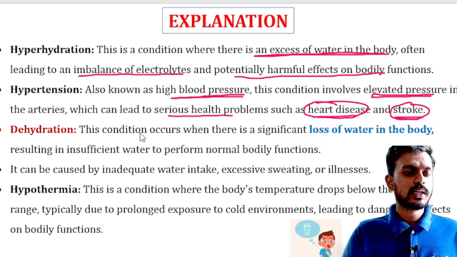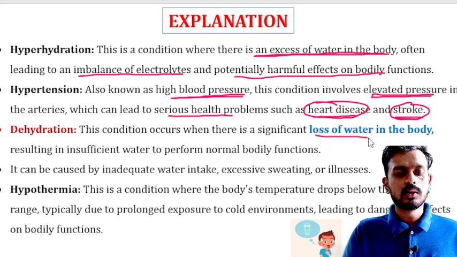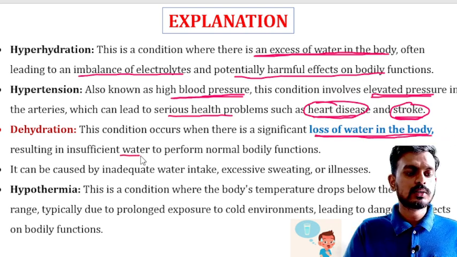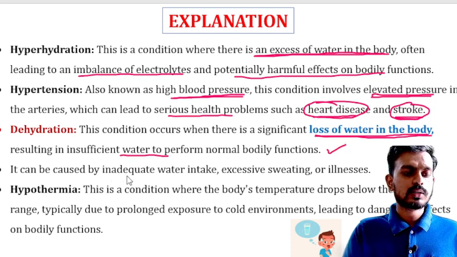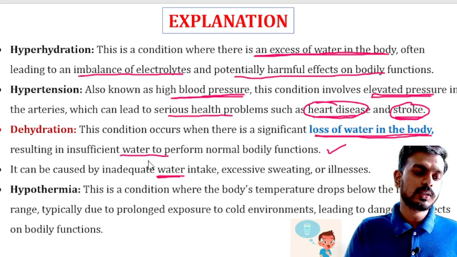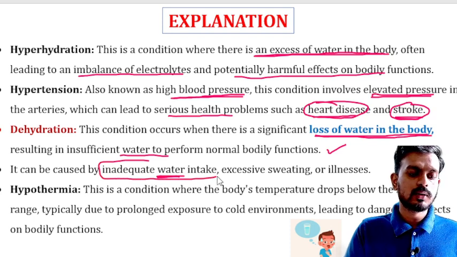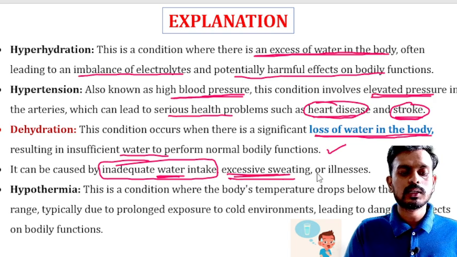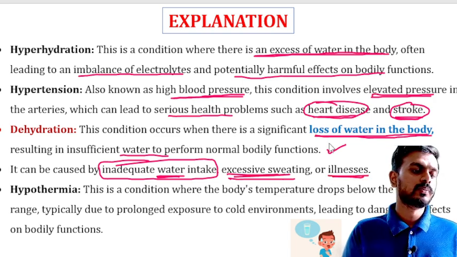Next is dehydration. Dehydration occurs when there is a significant loss of water in the body, resulting in insufficient water to perform normal body functions. It can be caused by inadequate water intake, excessive sweating, as well as illness.